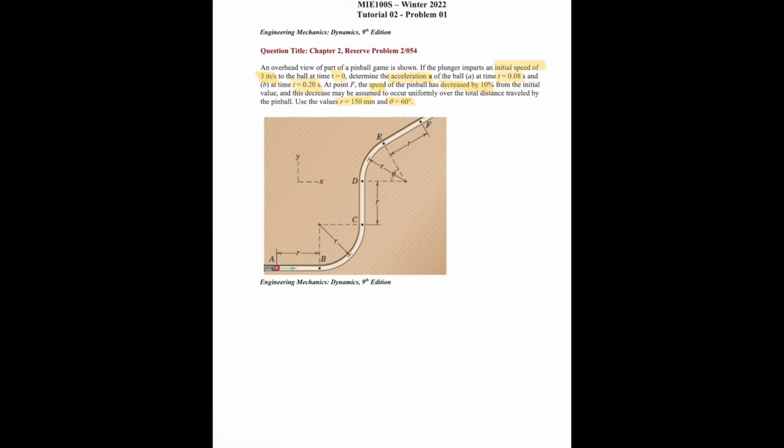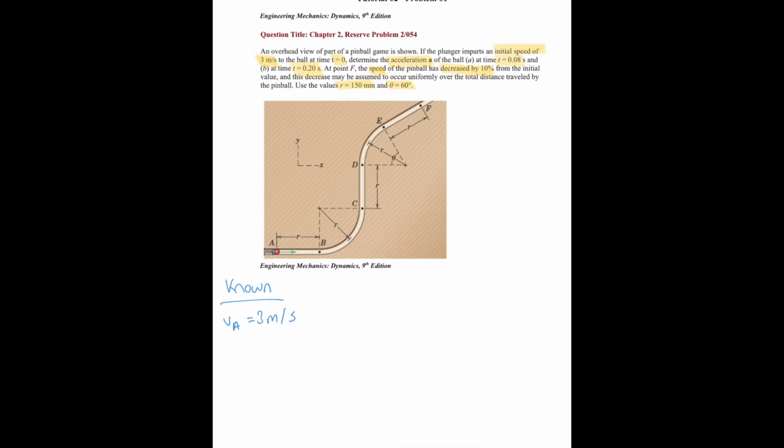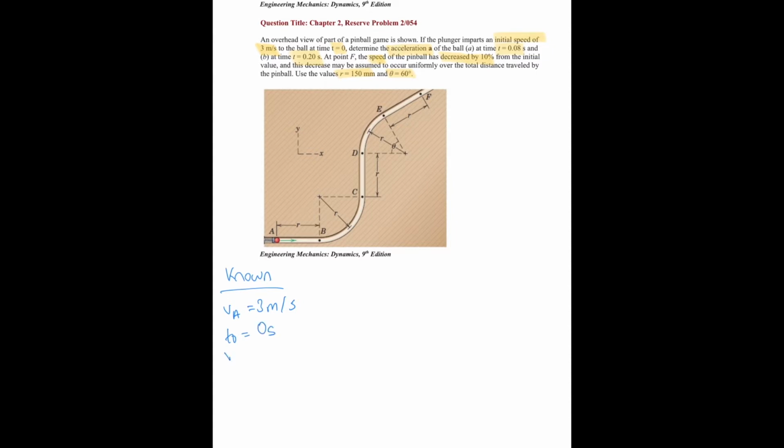So let's start with noting down all of our known values. We have VA is 3 meters per second, t naught is 0 seconds, VF decreased by 10% from VA, so that's 90% of VA, or 0.9 times 3, which is 2.7 meters per second.